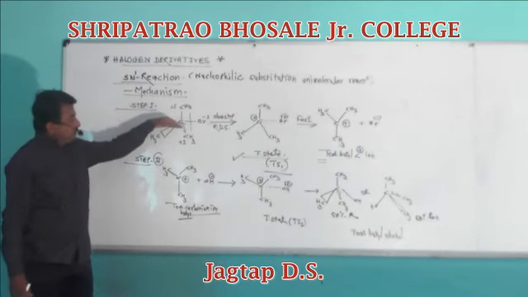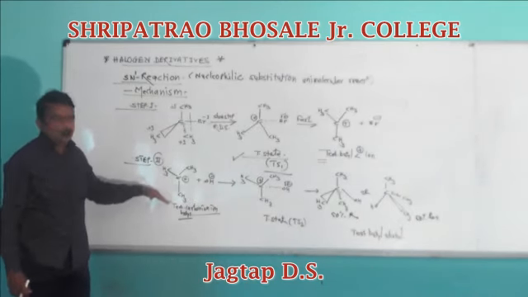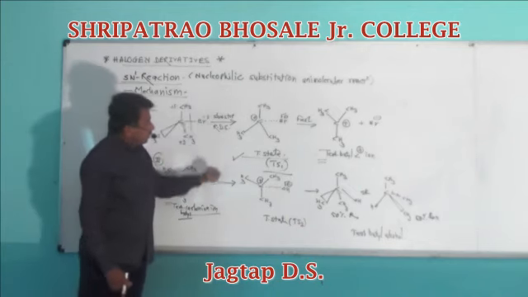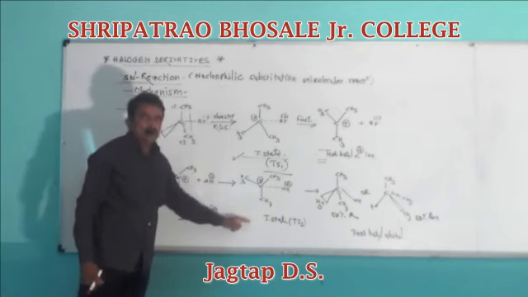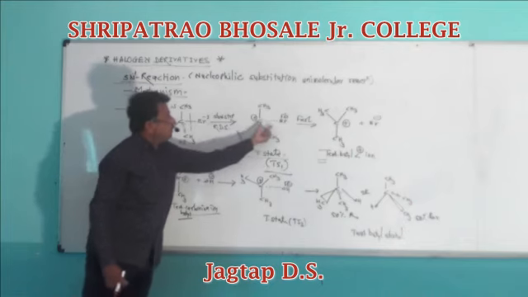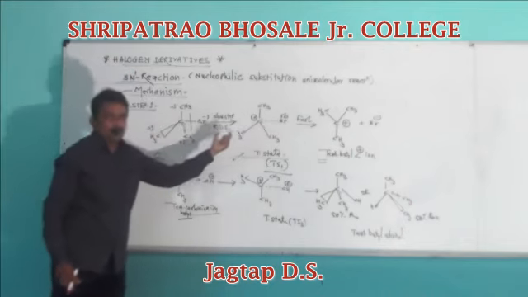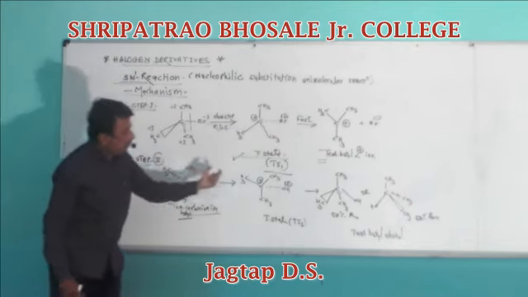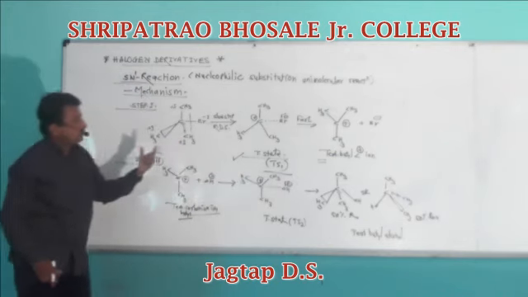This reaction takes place in two steps and involves two transition states. In TS1, C-Br bond is partially broken. In TS2, C-OH bond is partially formed.